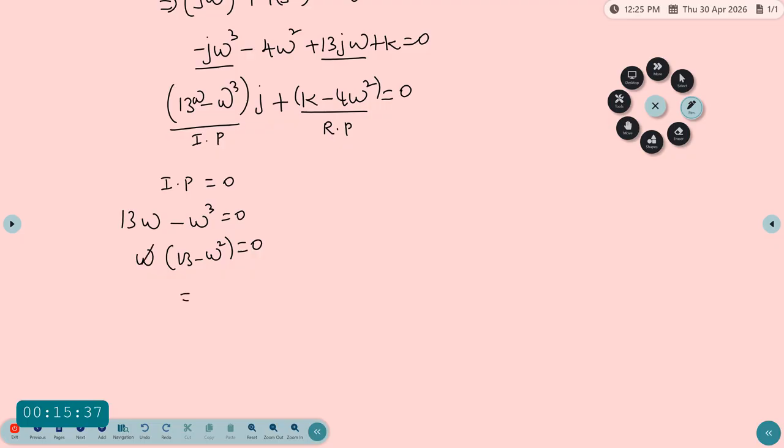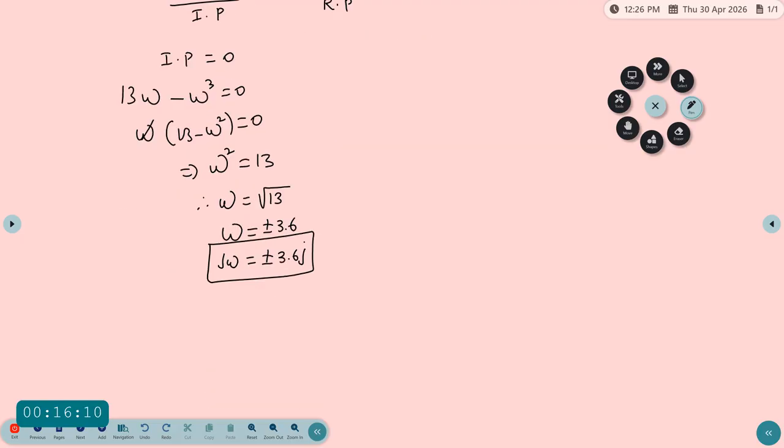Moving omega square to the right-hand side, omega square equal to 13. Therefore, omega equal to square root of 13, which is plus or minus 3.6. Since s equal to j omega, s equals plus or minus 3.6 j. So this is the crossing point on the imaginary axis, at plus 3.6 as well as minus 3.6.